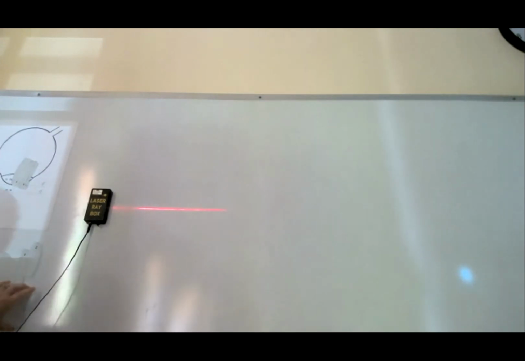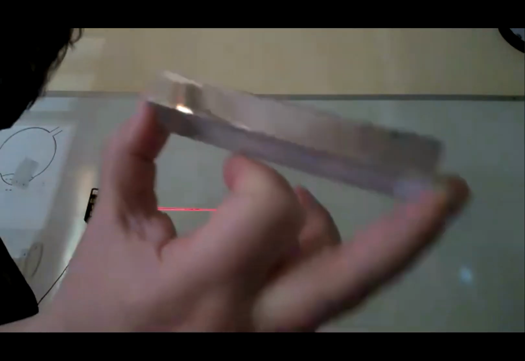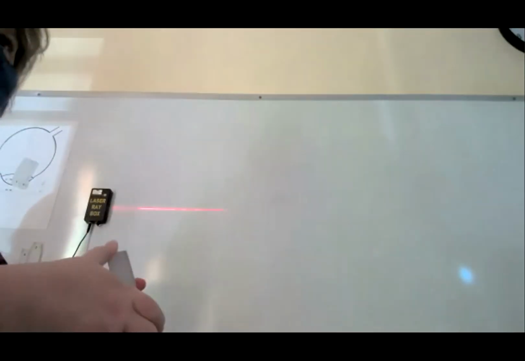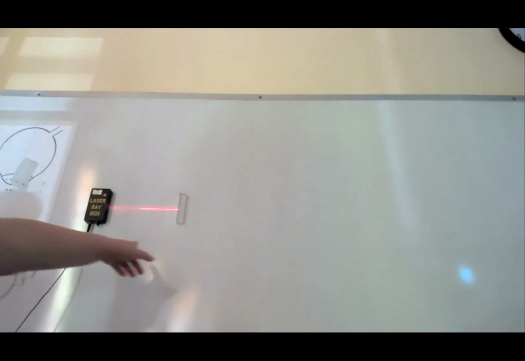Yeah. All right. So what property of waves did we talk about yesterday? It was another R property. Reflection. Okay. What I have here is a mirror on a block. If I put the mirror so that the laser light hits it perfectly horizontally, do you see the light reflects it?